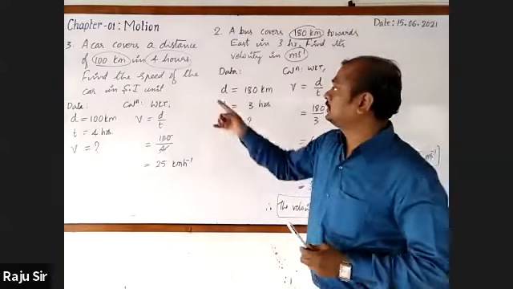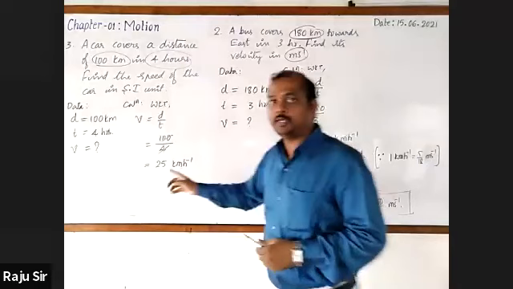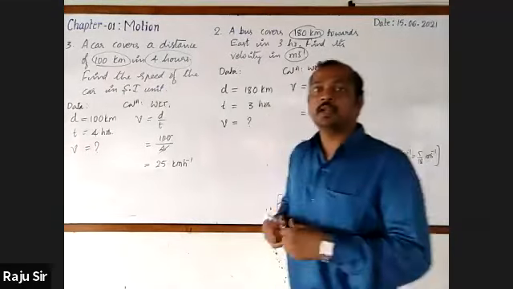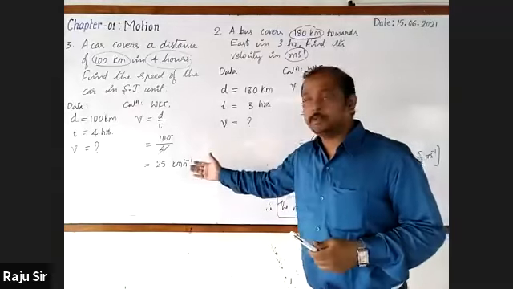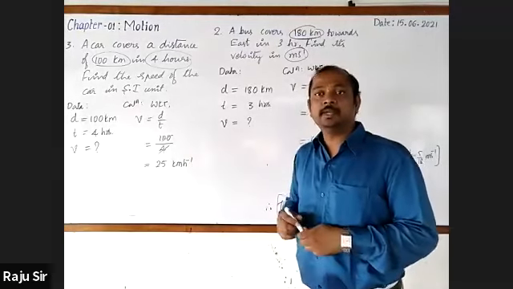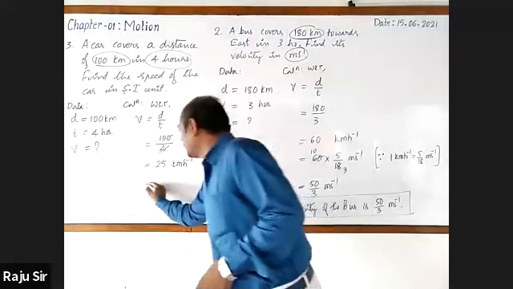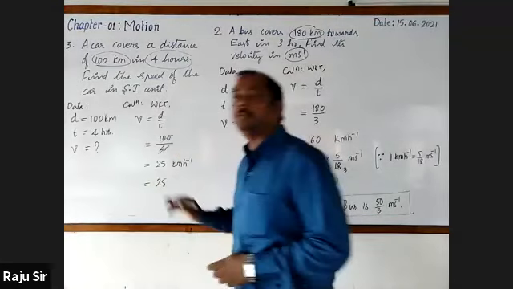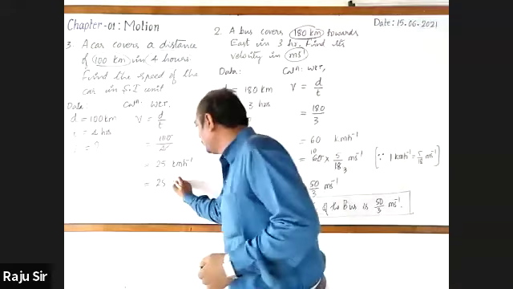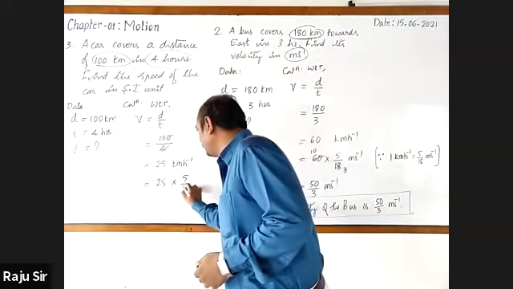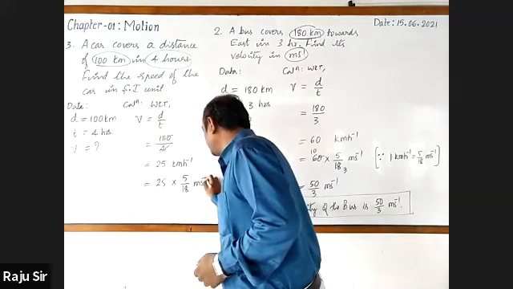The car is moving with a speed of 25 kilometers per hour. Now it should be expressed in SI unit, nothing but meter per second. So let us convert 25 kilometers per hour into meter per second as 25 into 5 by 18 meter per second.